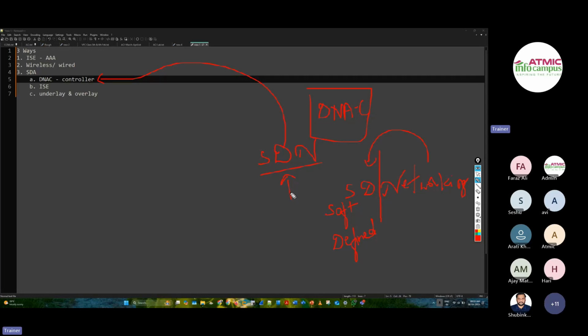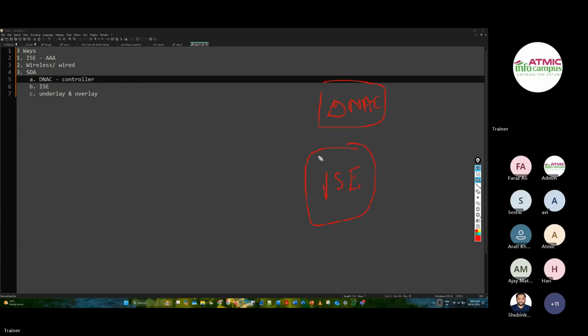It is enhanced by a piece of software in the form of a controller. This is very basic and very high level. Coming back, the DNA Center, which is a controller, along with ICE, they work together to form a fabric.